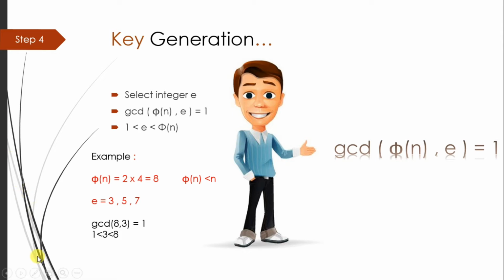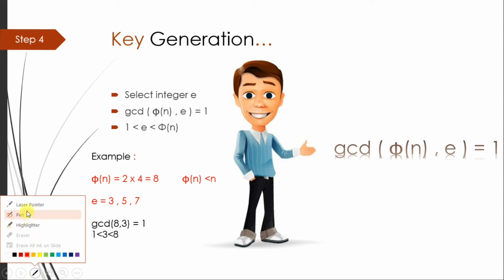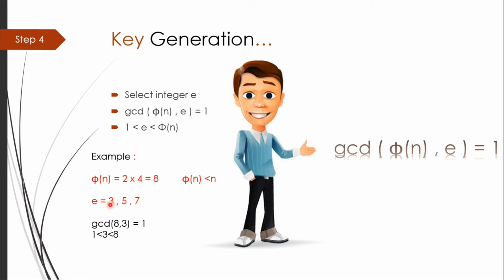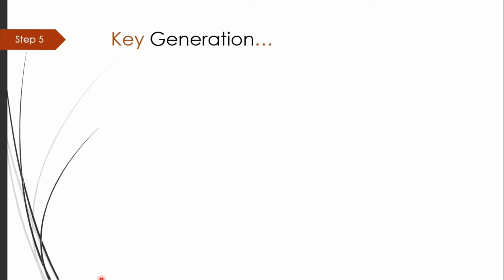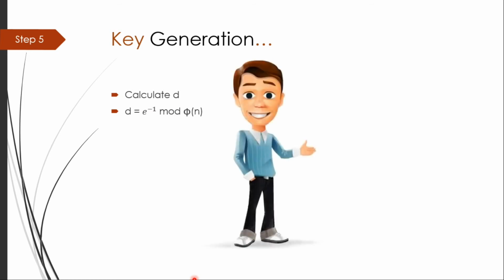The possible values of e are 3, 5, 7. Check the two conditions. Greatest common divisor of 3 and 8 is 1. 3 is greater than 1 and less than 8. To calculate d, the given equation is used. There is some calculation needed for finding the value of d.